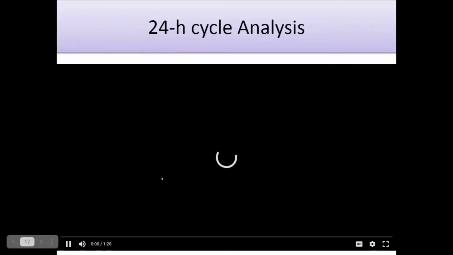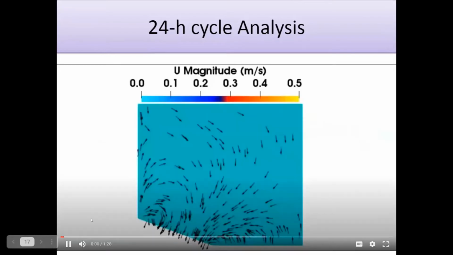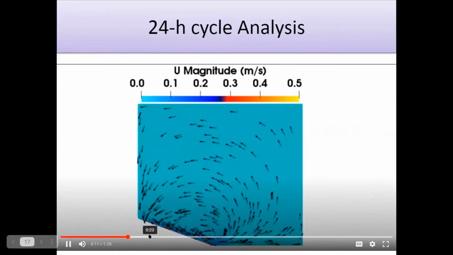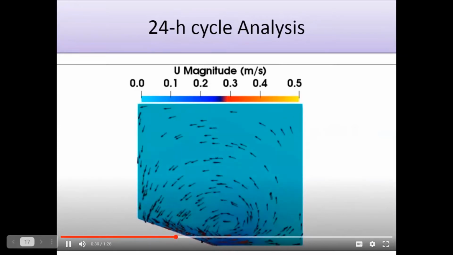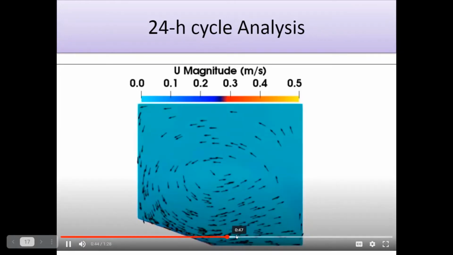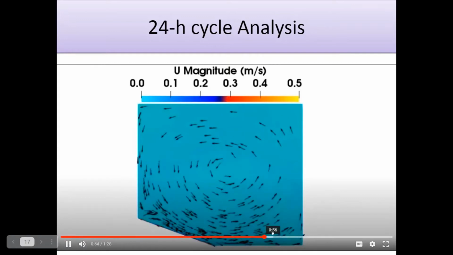This is the diurnal cycle simulation which has been done. Here you can see the simulation. First, it is done with katabatic, so downslope motion. After 12 hours, you can see that it goes to Umax, then the vortex pattern changes.